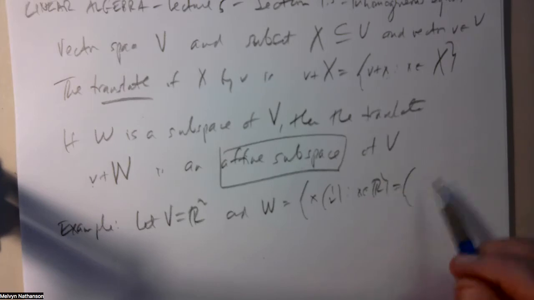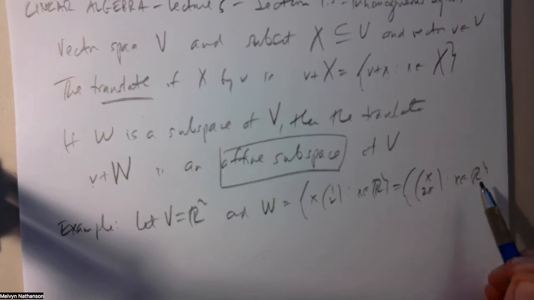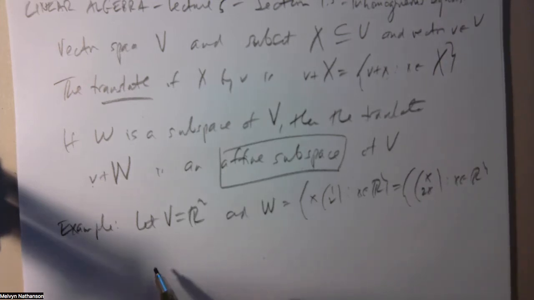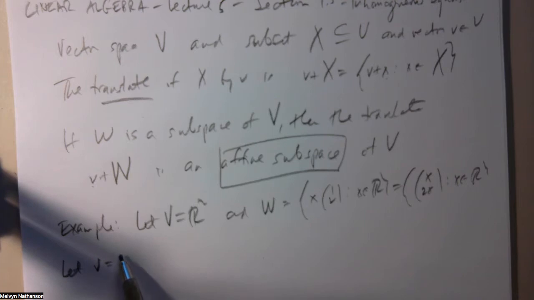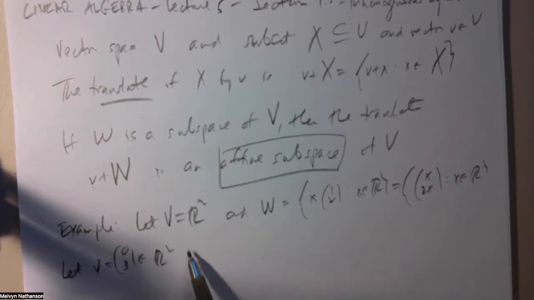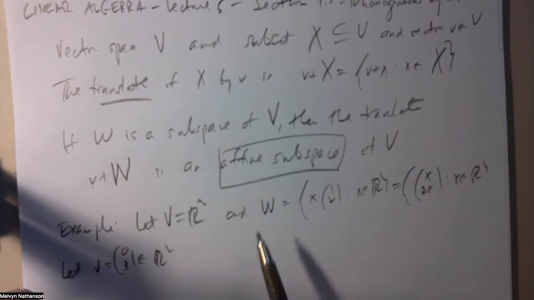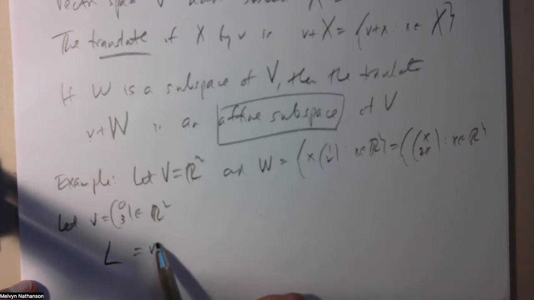In other words, this is a set of all vectors that can be written in the form (x, 2x) for any value of x. And if we let v be equal to the vector (0, 3) in R2, we have the affine subspace, let's call it L, which is v plus W.